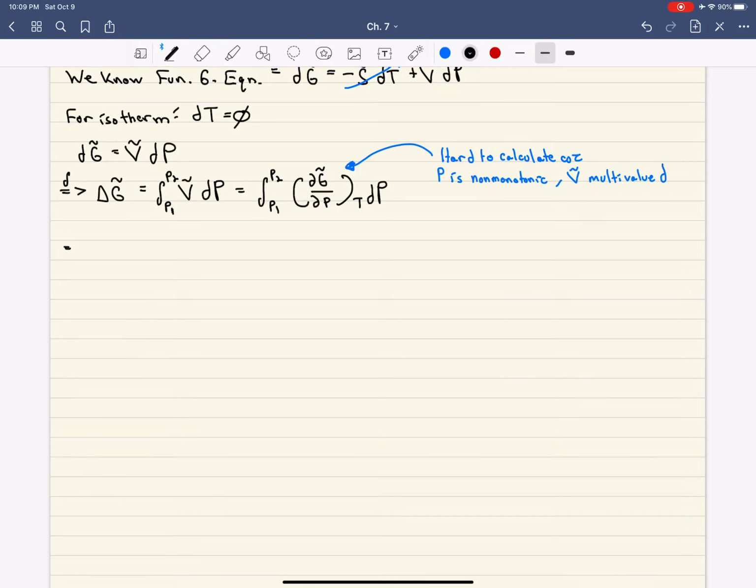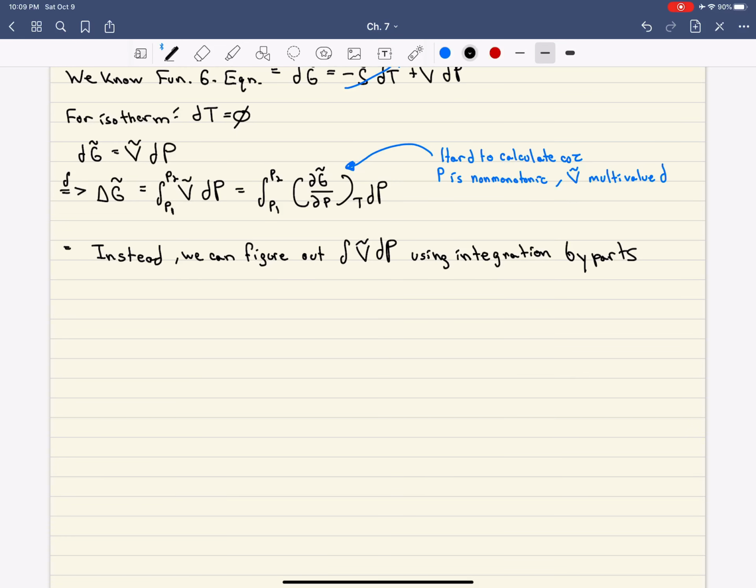Okay, and so instead of thinking about partial derivatives, what we could do instead is figure out the integral of V dP by just using integration by parts. Okay.